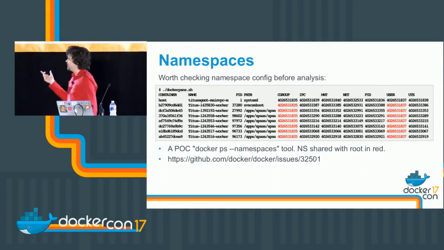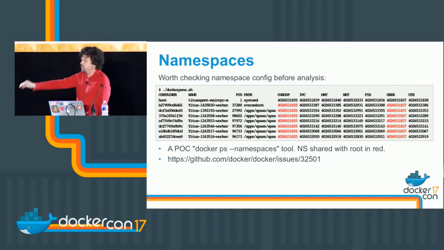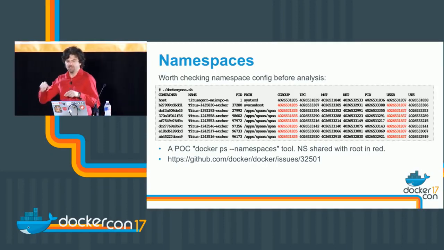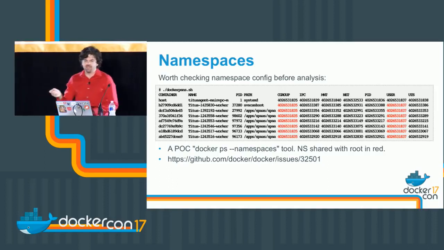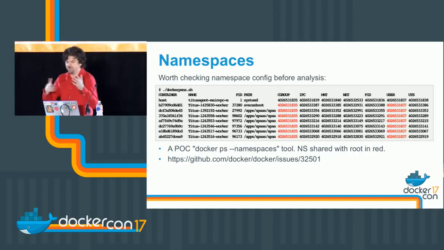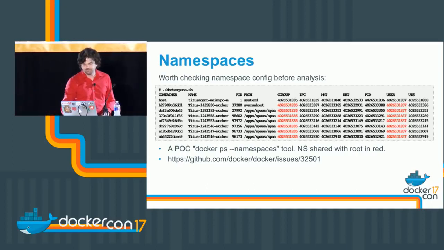I wrote a very simple bash script called docker ps ns, which lists the containers, the main process ID for the container, and then lists all of the namespaces, and then I color in red if the namespace is shared with the host. I filed this as a ticket, someone's going to add it to docker ps, so you can easily get this. Now that's just a starting point, so I understand the namespace configuration.